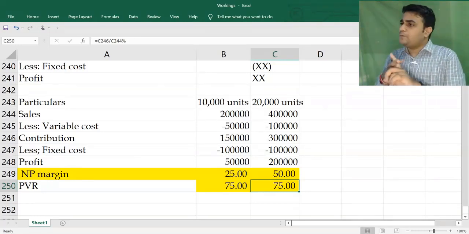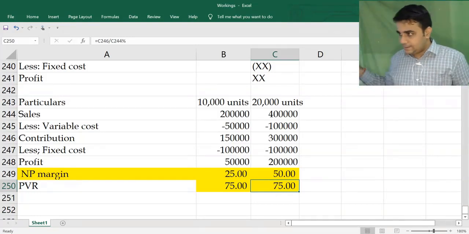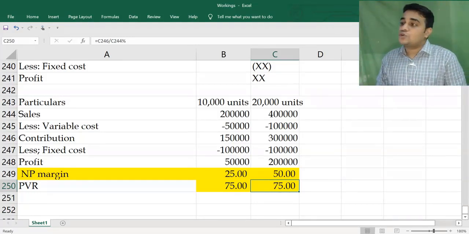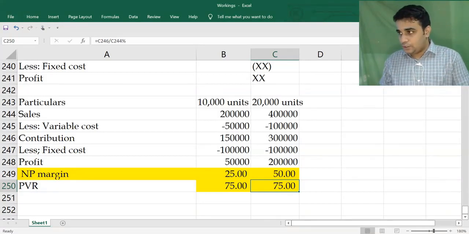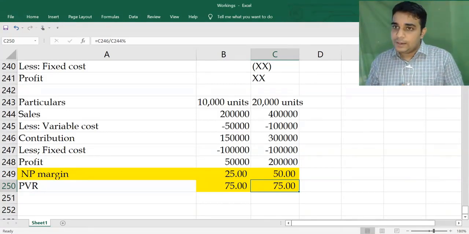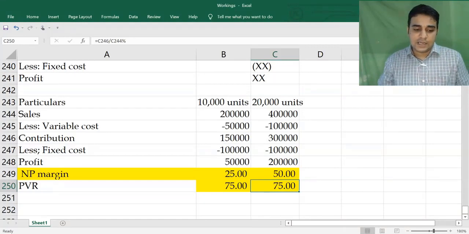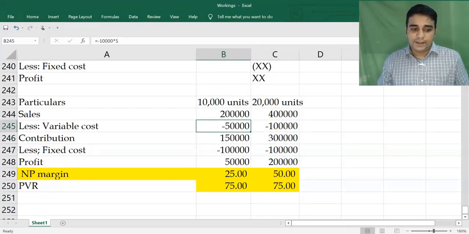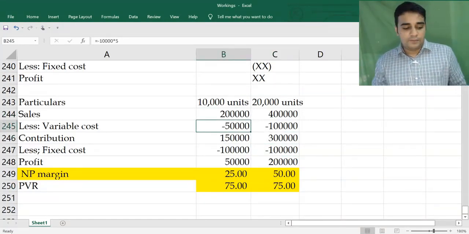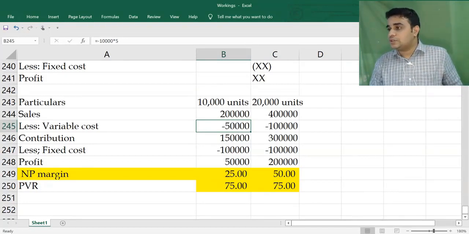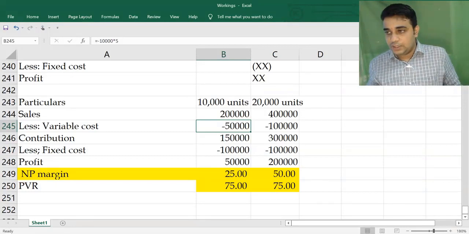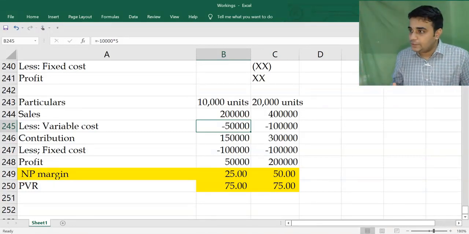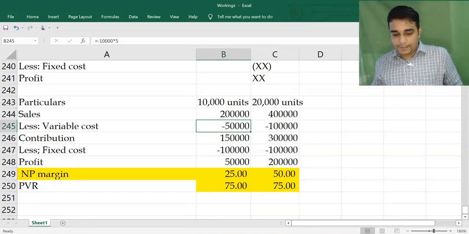Okay, so PVR, one formula is contribution by sales. Another formula is contribution per unit by selling price, which in this case is, your selling price was 20, variable cost is 5, so contribution is 15. 15 by 20 into 100. 15 rupees is the contribution divided by 20 rupees of selling price into 100.